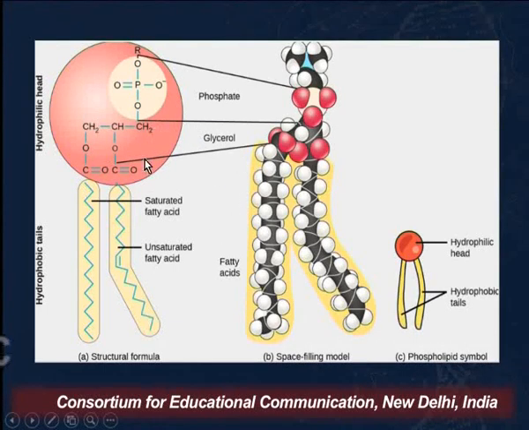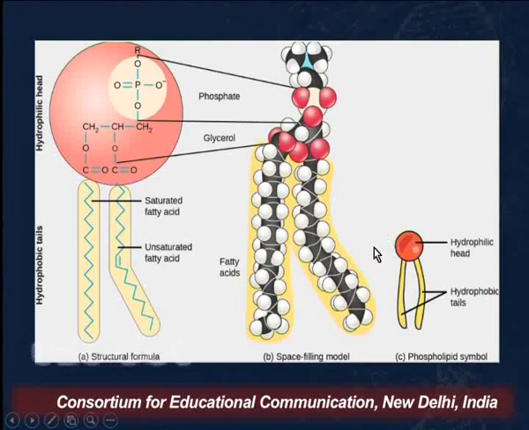The polar head is made up of the phosphate and the acyl groups, that is the ester linkages, and the non-polar part is made up of the hydrocarbon chains of the 2 fatty acids.